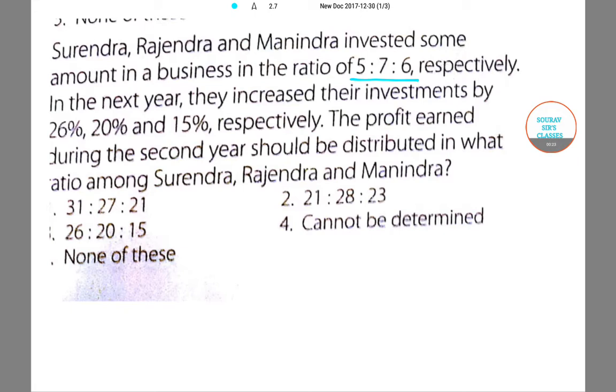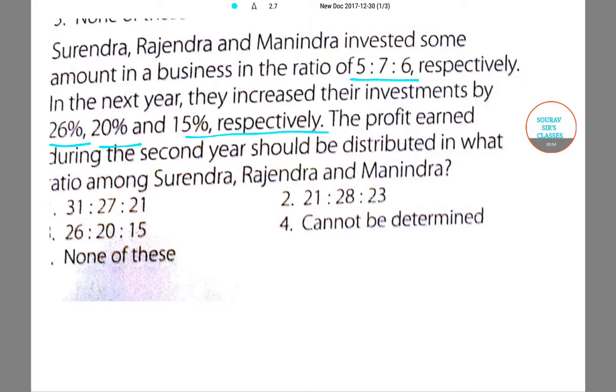In the next year, they increased their investments by 26%, 20% and 15% respectively. Now, the profit earned during the second year should be distributed in what ratio among Surendra, Rajendra and Manindra? So we have to find the ratio of the distributed profit, and here 5 options are given. So now let's start.